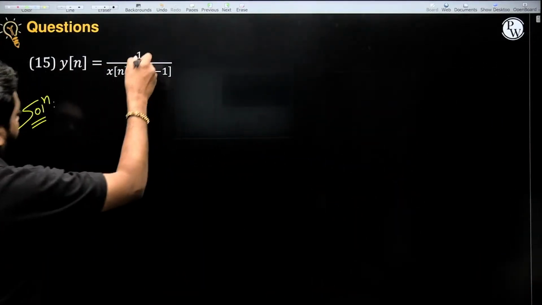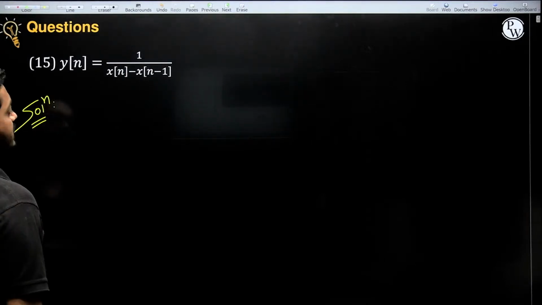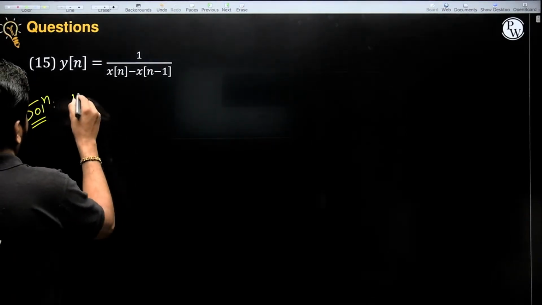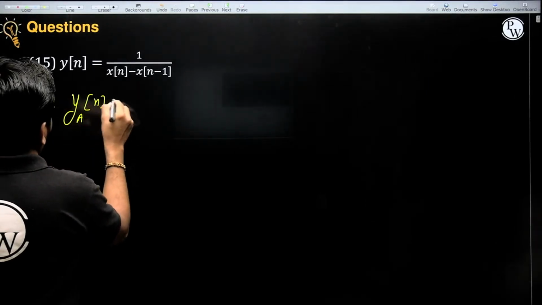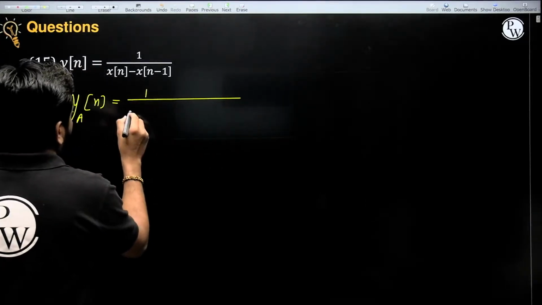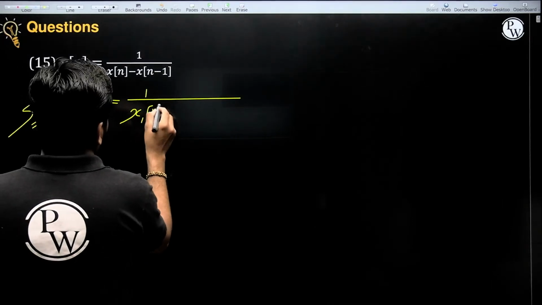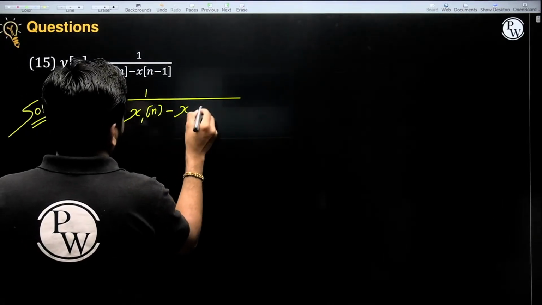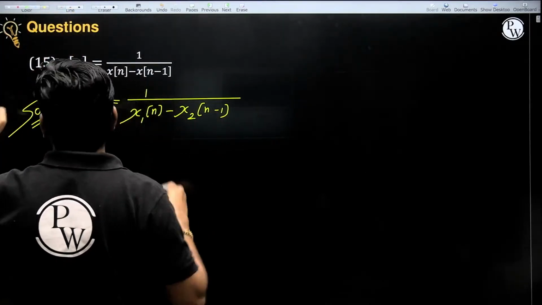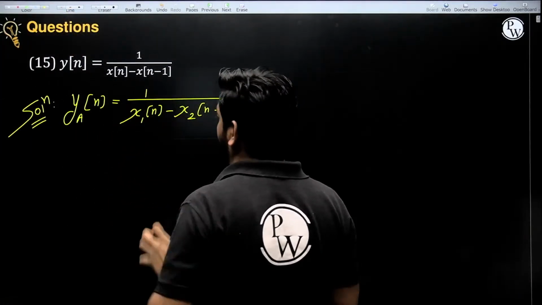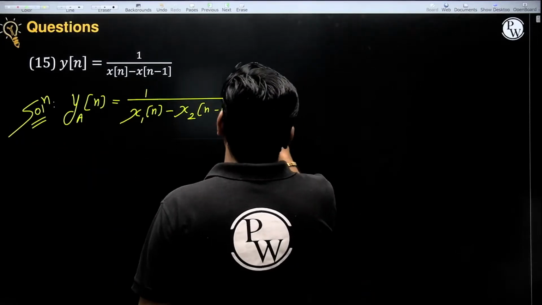Linear? No, it is an inverse of amplitude. Definitely it's non-linear. Ya of n is 1 upon x1 of n minus x1 of n minus 1, an inverse of amplitude. That's why operations are performed on amplitude. Inverse of amplitude, that's why it is non-linear.